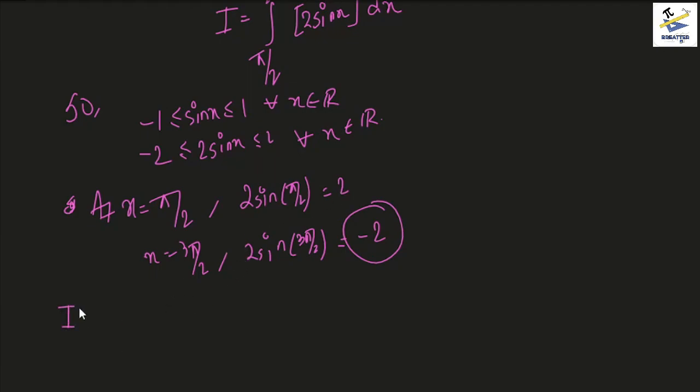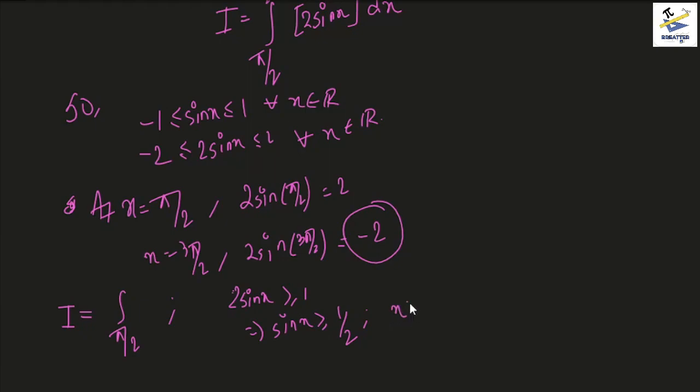So what we can do is start from the interval with pi by 2 as the lower value, and next we need to find an interval where box of 2 sin x is always greater than or equal to 1 but less than 2. So we are trying to find an interval where 2 sin x is greater than or equal to 1, that is, sin x is greater than or equal to 1 by 2, right?